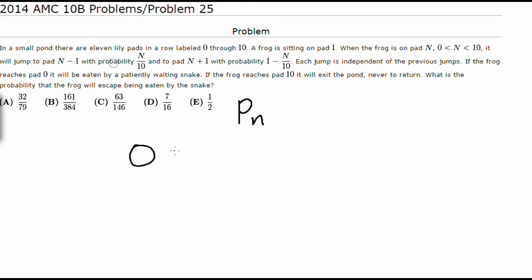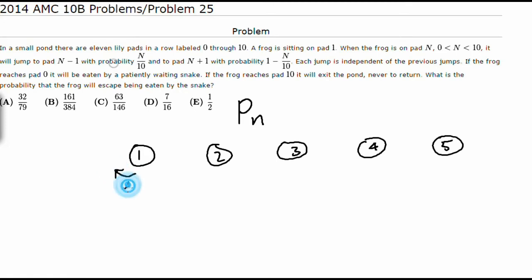So here's 1, 2, 3, 4, 5. And let's take a look at this. We don't want to consider the probability if 1 goes over here, because that's just 1/10. That's like, what's the probability of me descending to hell? Well, I don't want to know. This is 9/10.